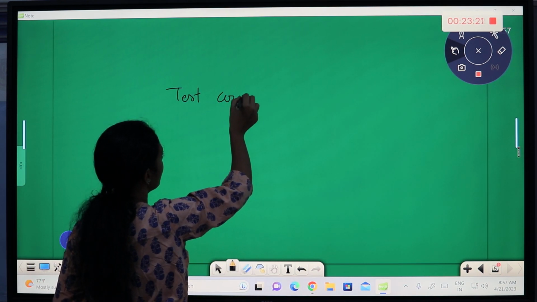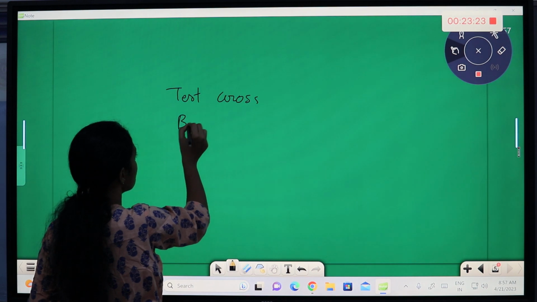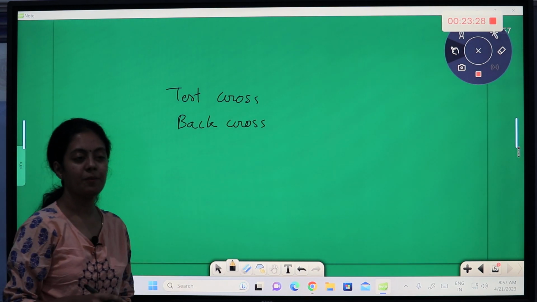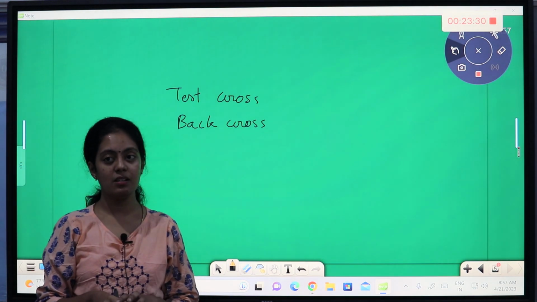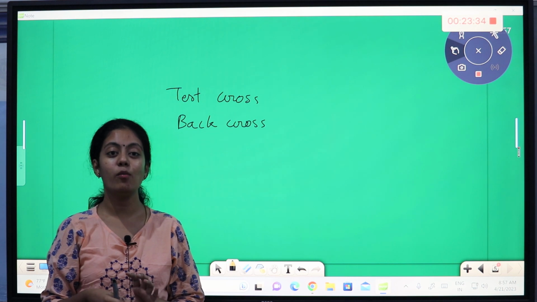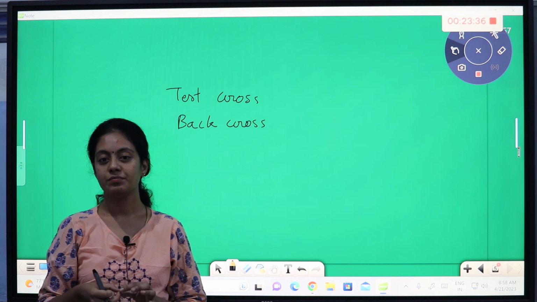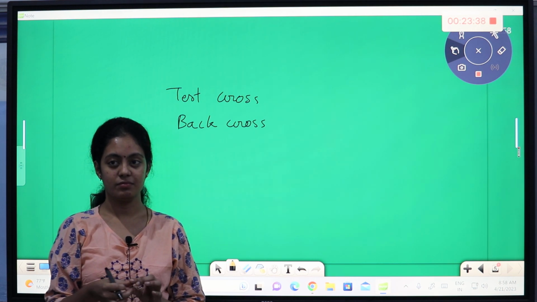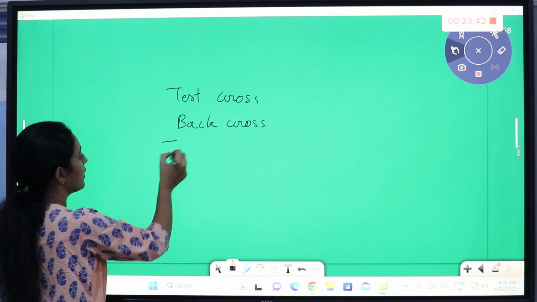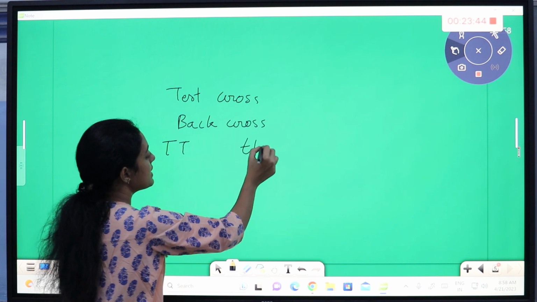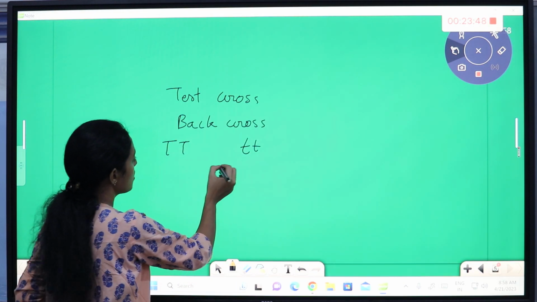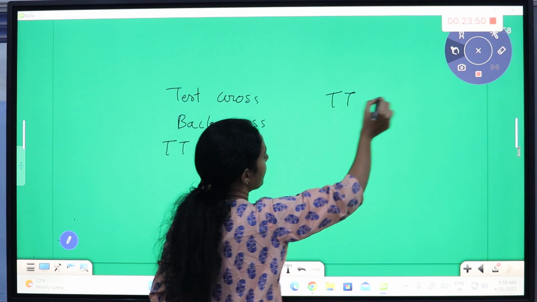Can anyone tell me what is test cross and what is back cross? F1 crossed with the dominant parent. Okay, is called what? Okay, then what is back cross? No, wait, I will clear your doubts. See, all of you listen here. This is your P1, correct? Can everyone see the board? So I will write it here. Okay, capital T, small t.